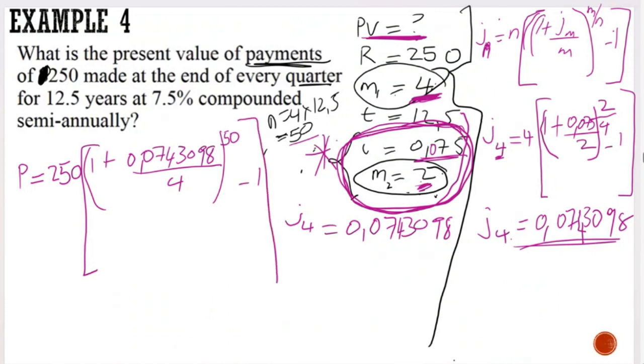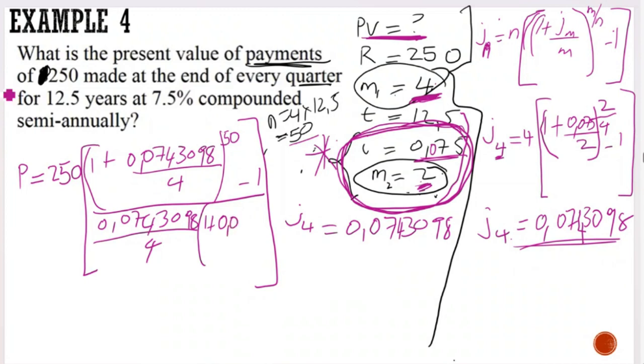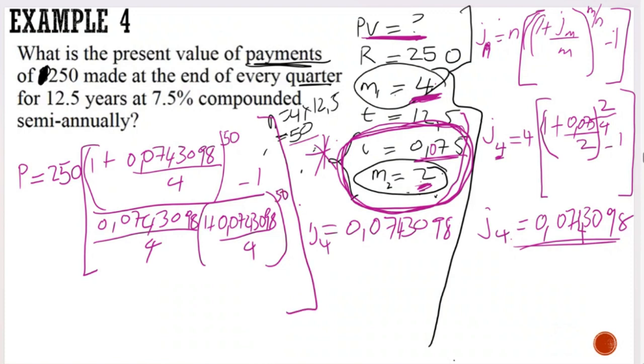This is the present value formula, and then you divide this by 0.073098 divided by 4, into 1 plus 0.073098 divided by 4, to the power 50.